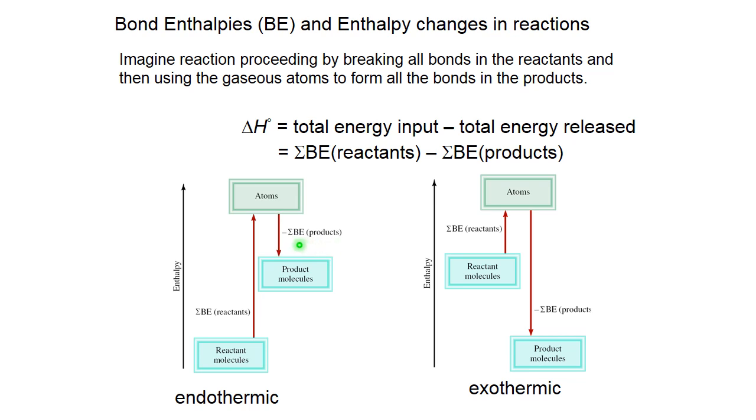You'll have a difference between this and this state. It can be higher energy, so that's an endothermic reaction, or if heat is released, the product energy will be lower, and this is an exothermic reaction. Again, this is all general chemistry material.